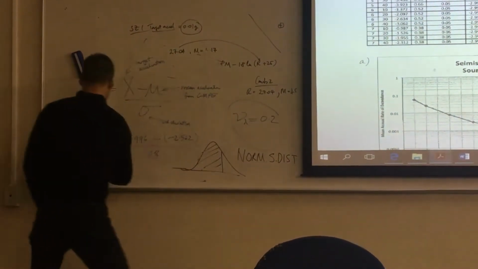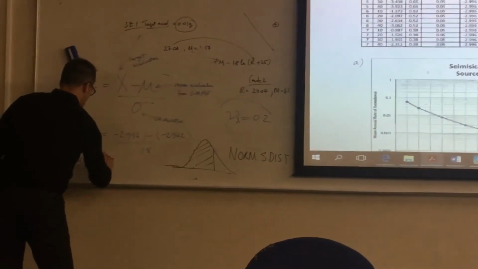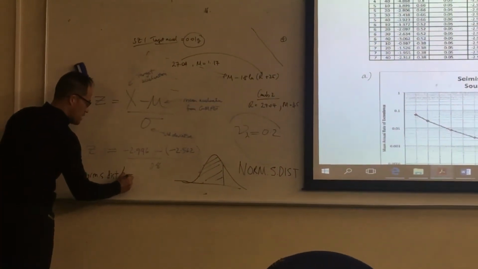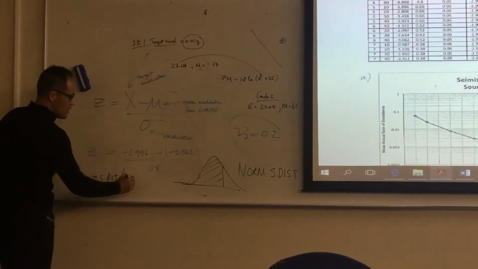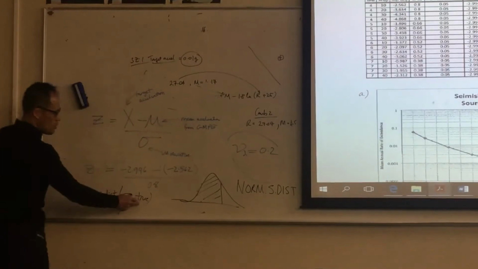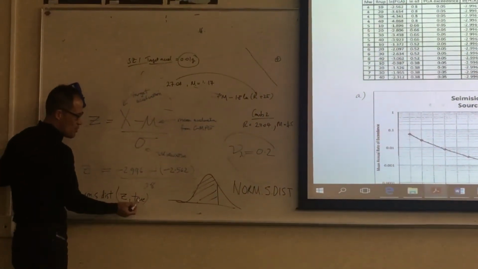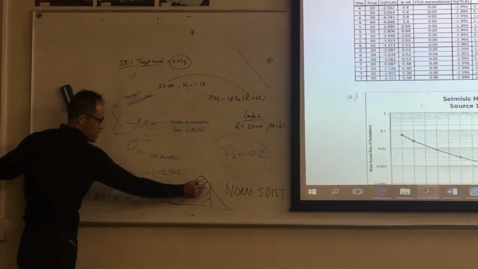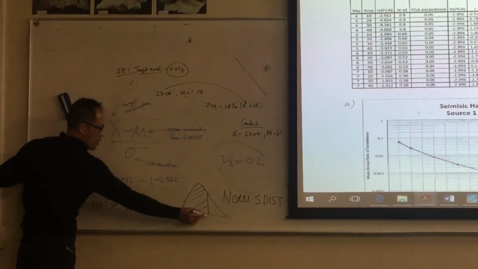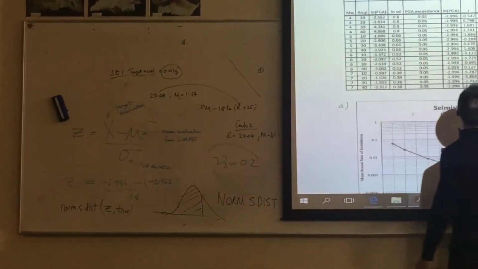You type that in, then you put in the Z value, and then you put in TRUE. Why you put in TRUE, you can search it online, but that parameter just says that you want to calculate the cumulative probability up to that point. Okay, so that's what I've done to calculate that.